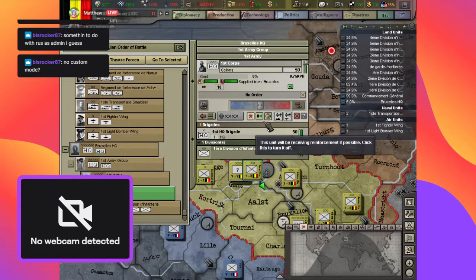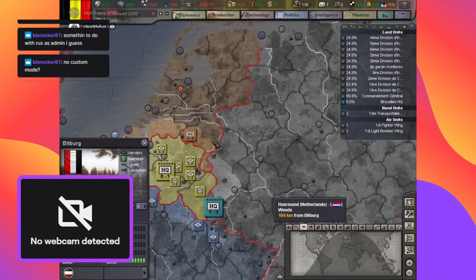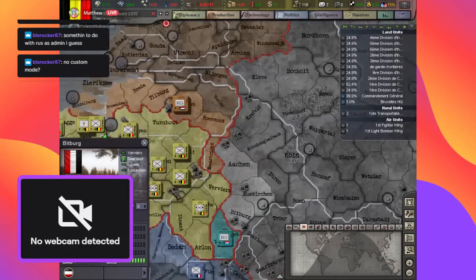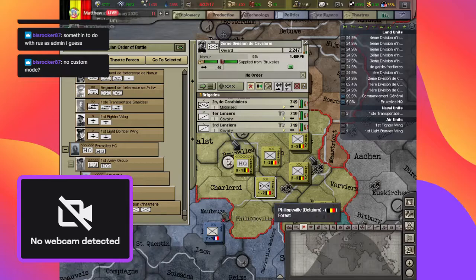Okay, so it would show the distance. I think it's like 200 kilometers for the first corps, for example. I guess it's supposed to be corps, because what is a core? I don't remember.